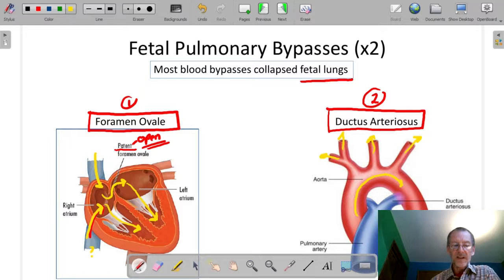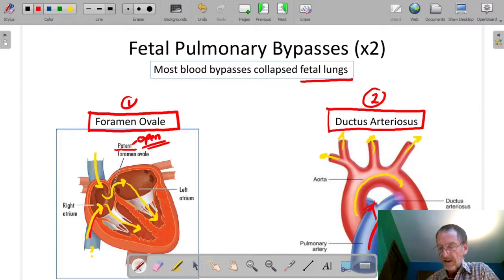So that's out of the left side, but again, some of this blood from the right side needs to bypass the lungs. So this is blood that's coming up out of the right ventricle. It did not get diverted at the foramen ovale. It went into the right ventricle. And now instead of going off to the lungs, those are basically blocked off. They're collapsed.